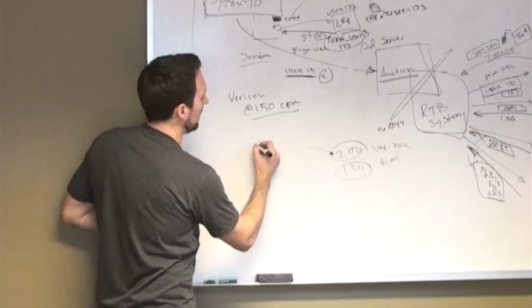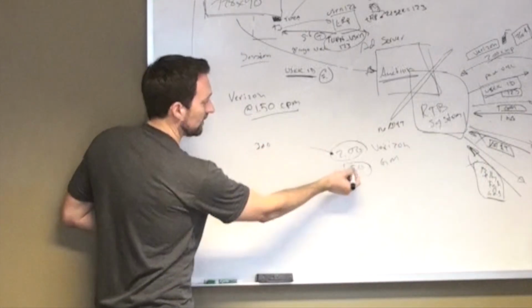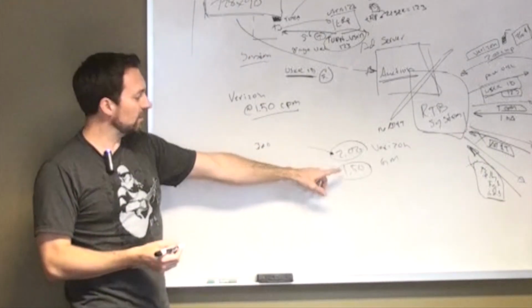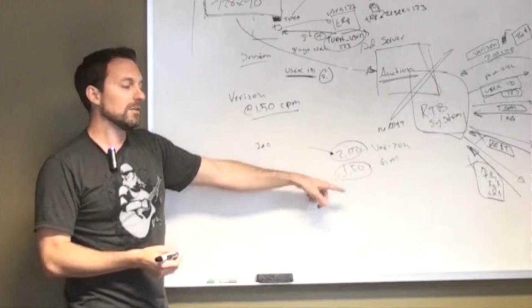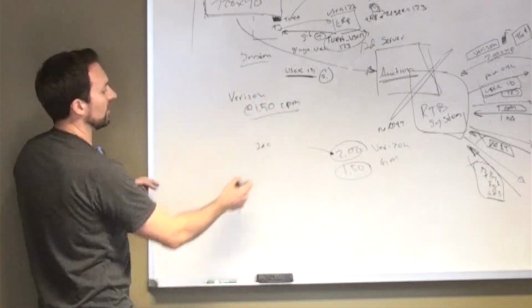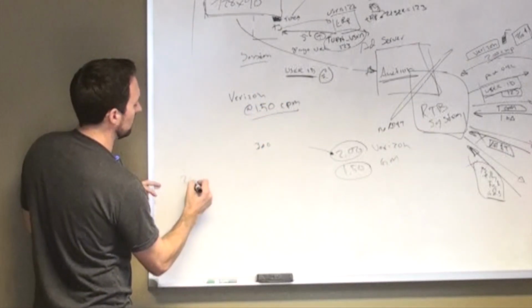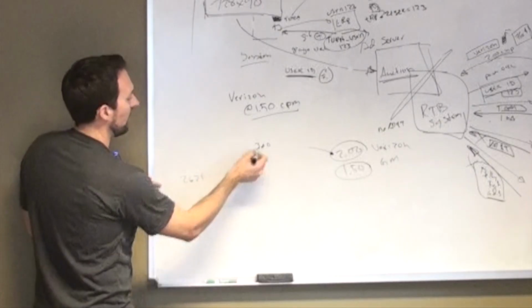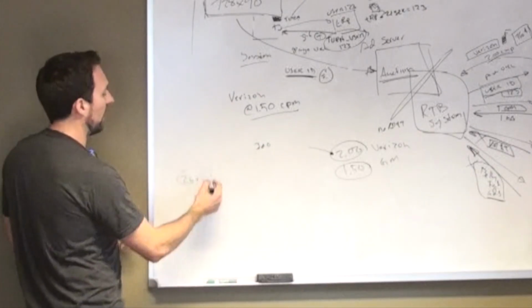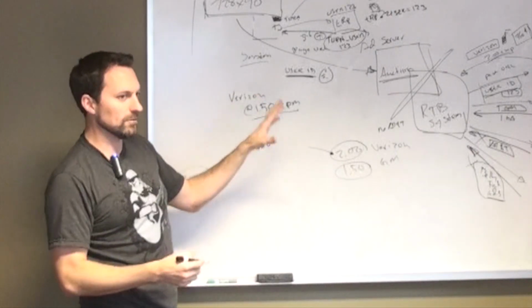So if they raise their bids to $3, in this scenario, what would they pay? They'd still only pay $1.50. But if there are other auctions that they're losing because somebody's coming in at $2.25, they would start winning those auctions at $2.25. So they're spending a little more, but they're getting the users they want.